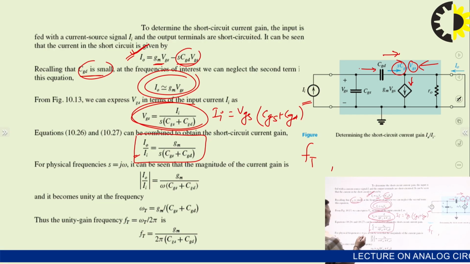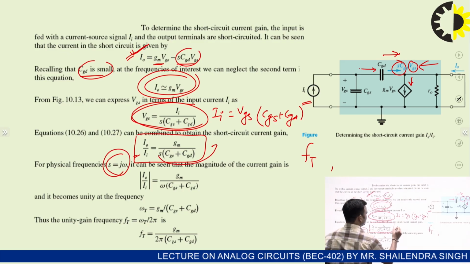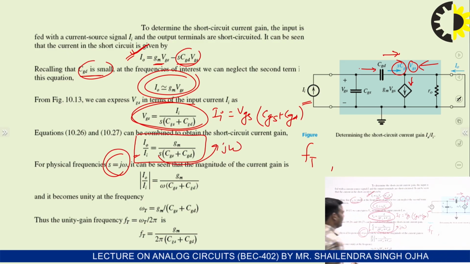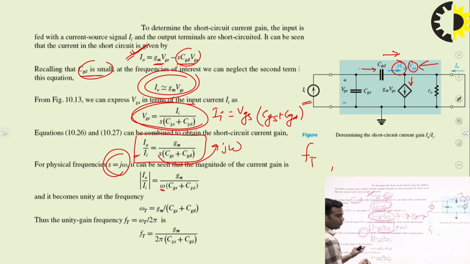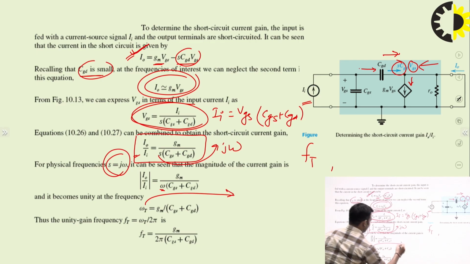We all know that s is equal to j omega. So we can put s equal to j omega, and if you find its magnitude, then the magnitude will be equal to gm upon omega(CGS plus CGD). Now we can find the unity gain frequency when the gain becomes 1.